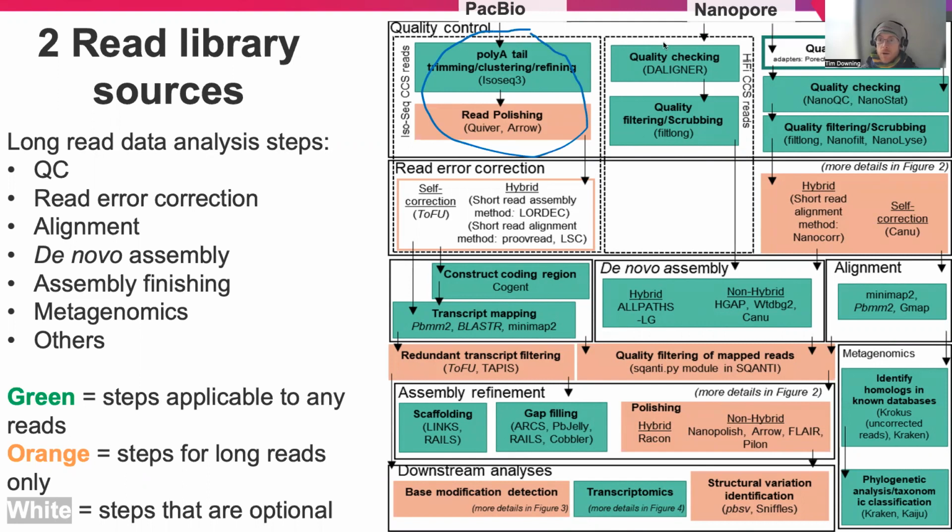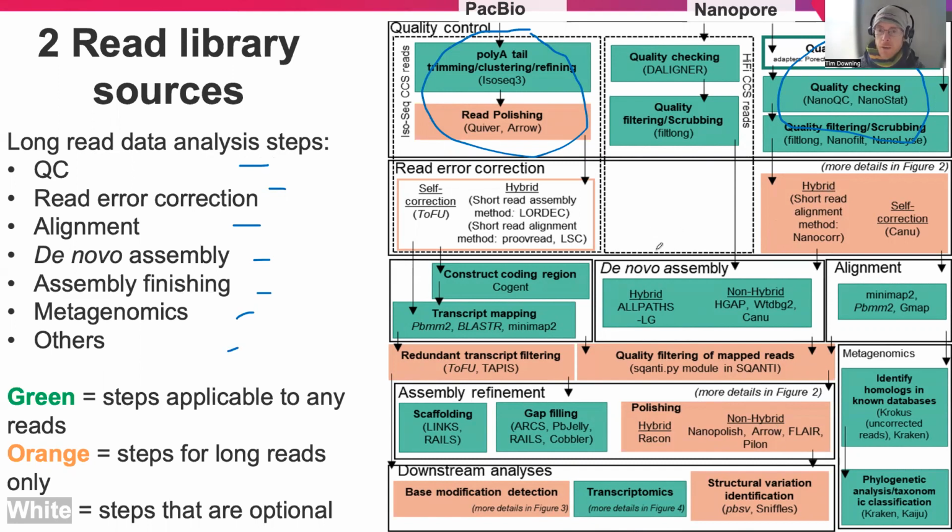Another option over here for Nanopore data is looking at Porechop, NanoQC, NanoStat, and other options. And that's before we go into other advanced methods like read error correction, which we'll mention later, and then de novo assembly and so on. So QC is one of the key steps, as is read error correction, alignment to a reference, de novo assembly, assembly finishing, read mapping, metagenomics, and so on.